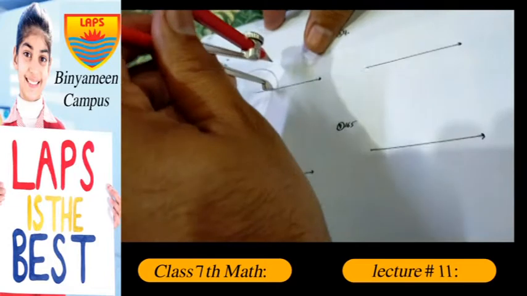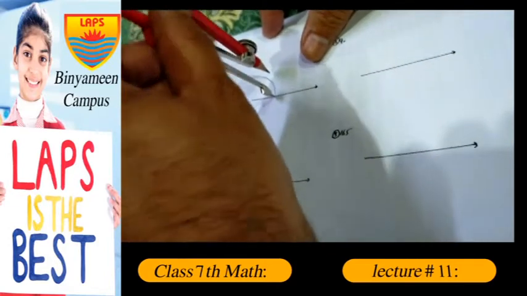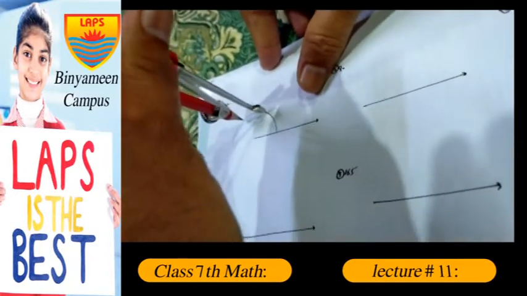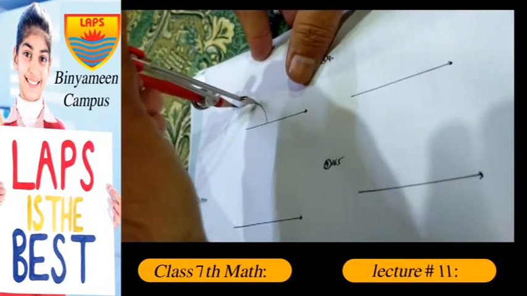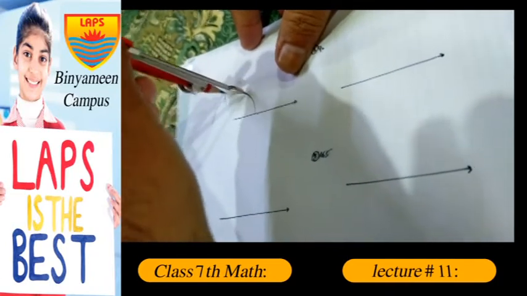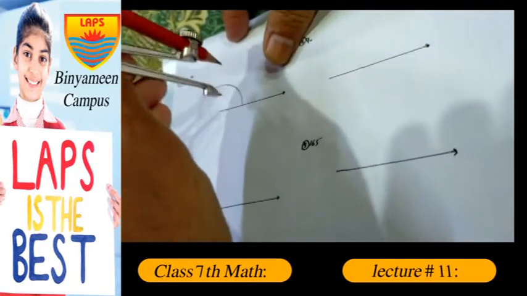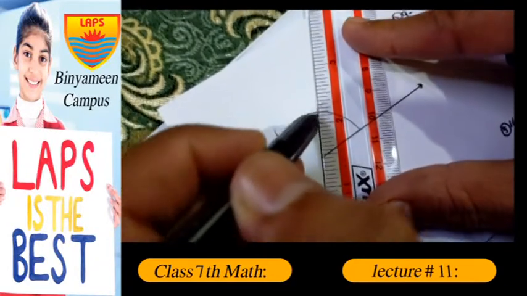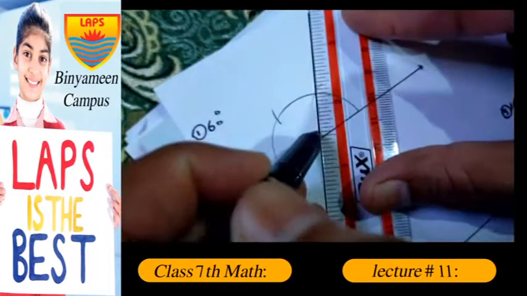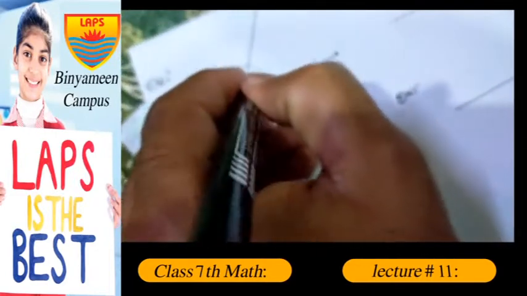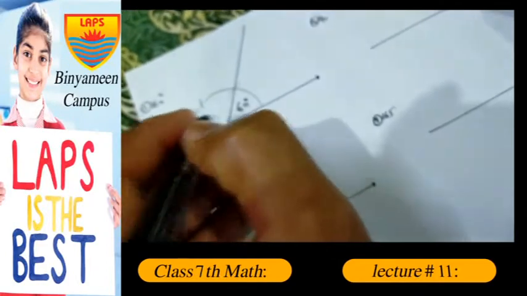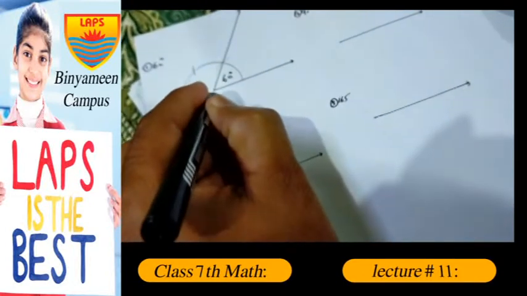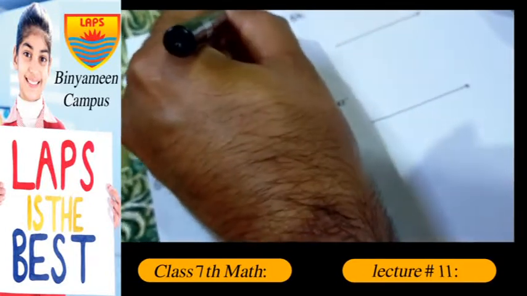First put the compasses here, draw the first arc, then the second arc. 60 degree angle done. We give the names of these points A, B, C.